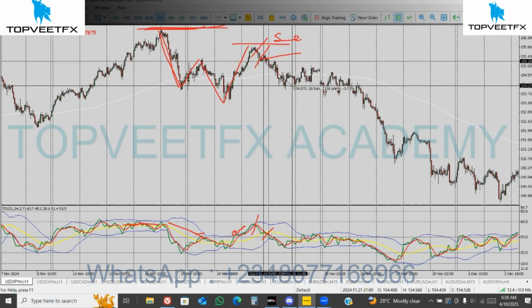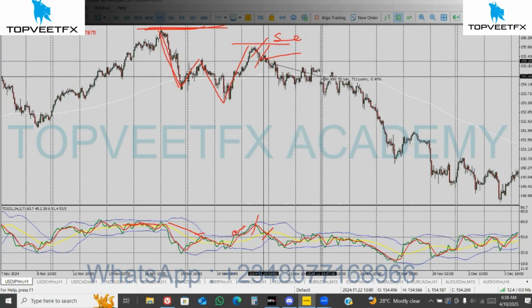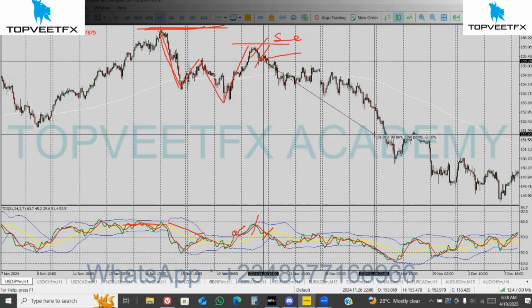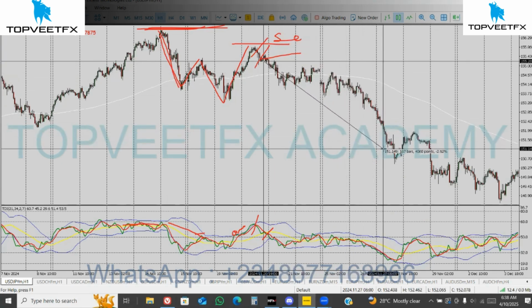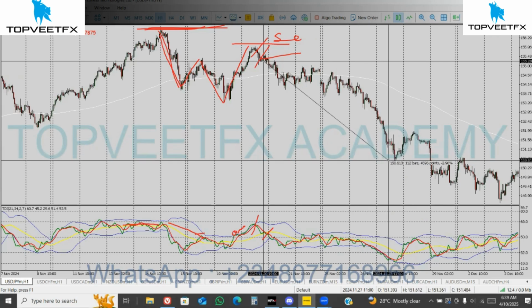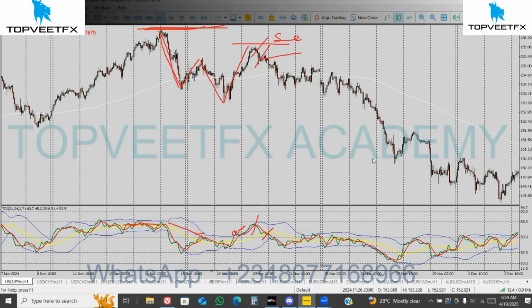The market dropped, pulled back, dropped, and began to go down. You can see it. That is a very good opportunity. And let me tell you, no matter how the week may look, you might not see more than one trade.